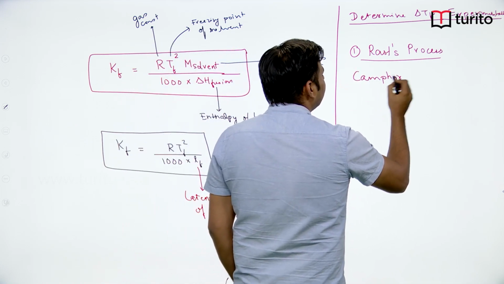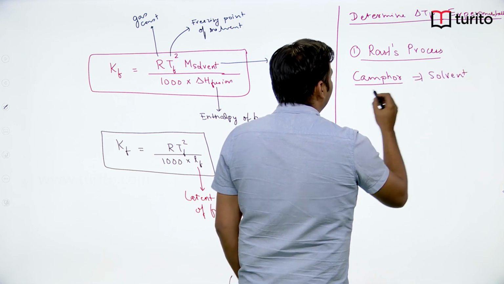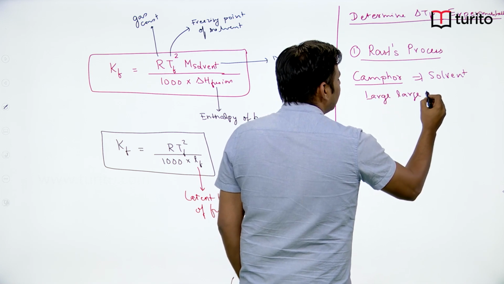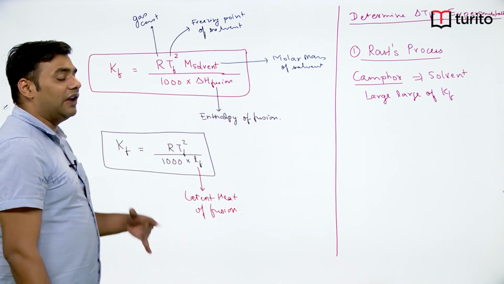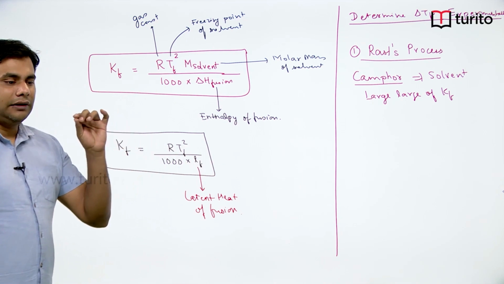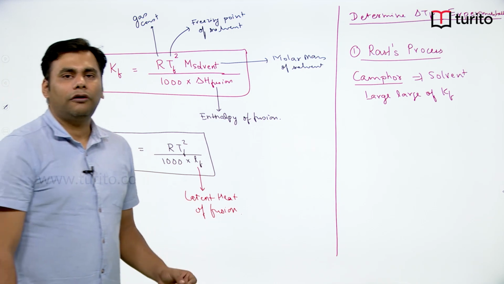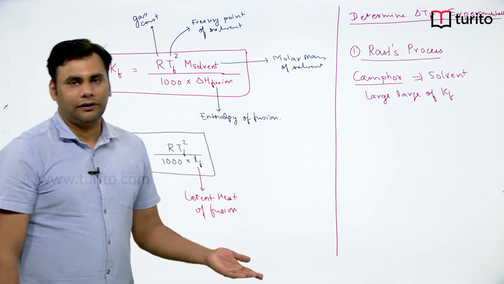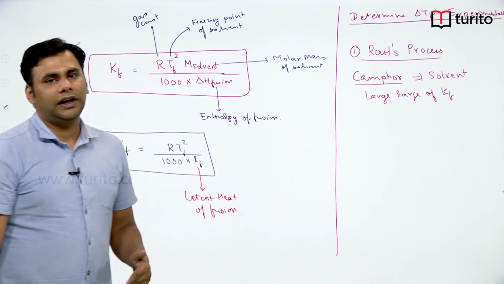Now what is the use of taking camphor as the solvent? Camphor generally has a very large value of Kf. So even if the solution is very dilute, the value of m would be very less, because if the solution is dilute, it means that the number of solute particles is less, so obviously its molality would also be less, because molality is number of moles of solute upon mass of solvent in kg.